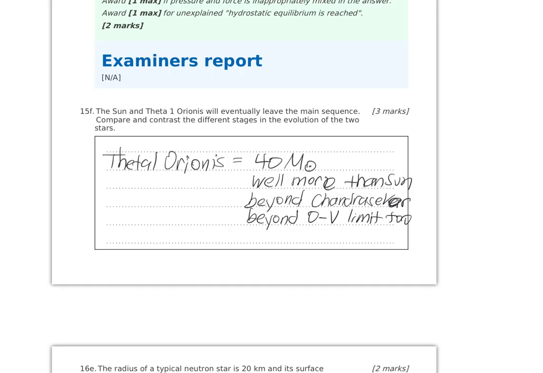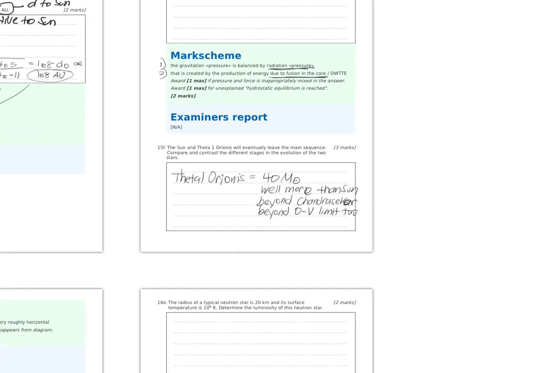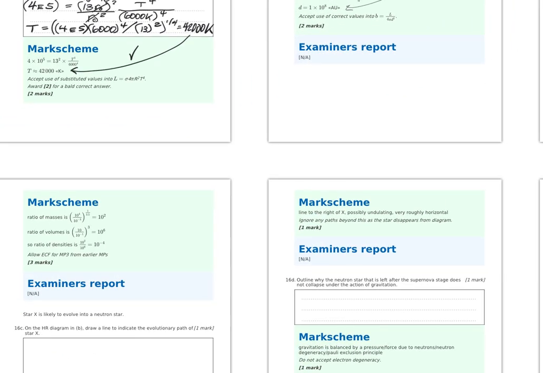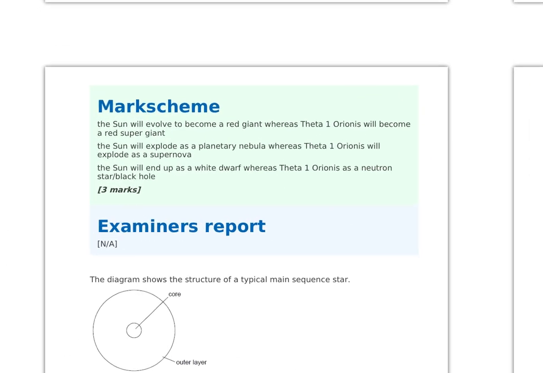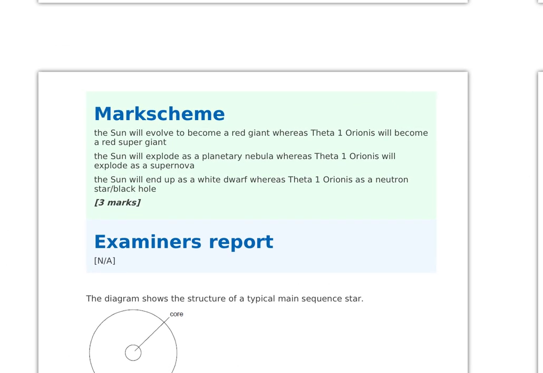So one thing to understand about theta 1 Orionis is that it has 40 solar masses. That is well more than the sun. It's beyond the Chandrasekhar limit. It's beyond the Oppenheimer-Volkoff limit or whatever. And so looking at the mark scheme, it says the sun will become a red giant, whereas theta 1 Orionis will become a red supergiant, getting really big because it's already much brighter and bigger than the sun.